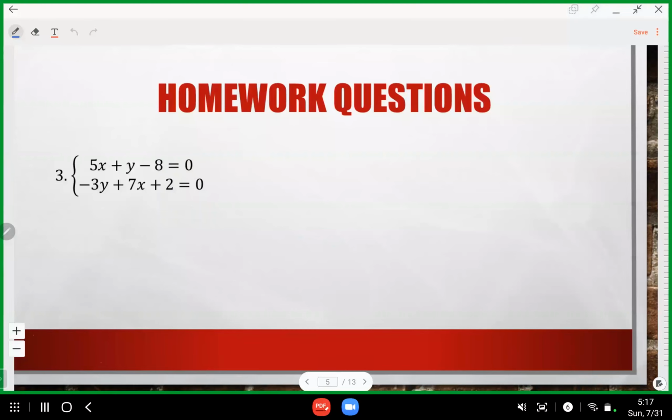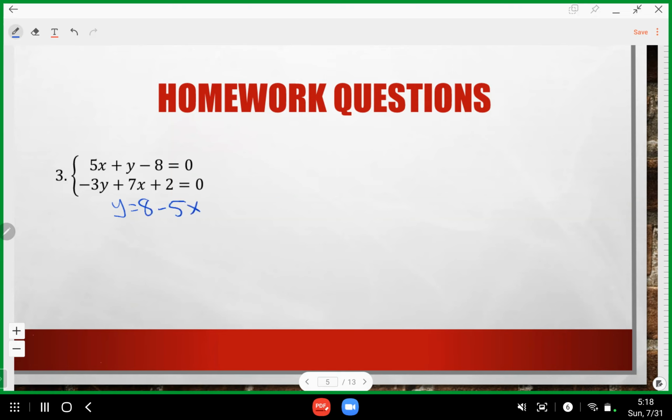So first, I decided to find y in terms of x. So I turned the first equation, 5x plus y minus 8 equals 0, to 5x plus y equals 8. Then I turned it to y equals 8 minus 5x.